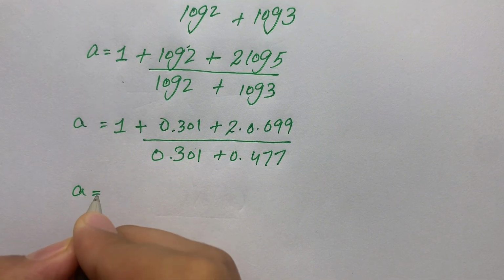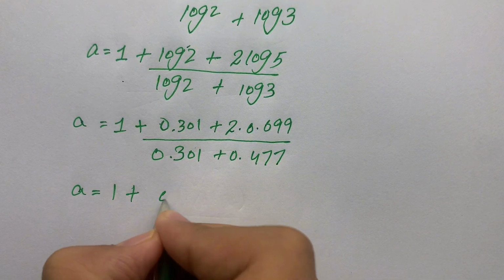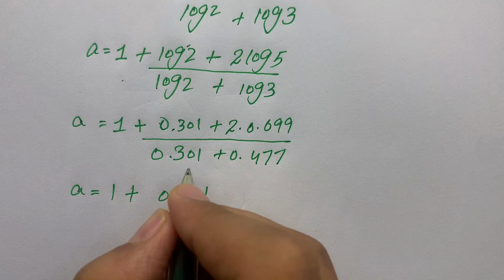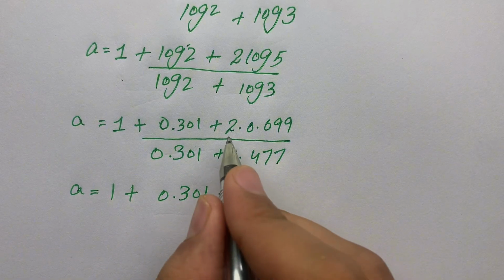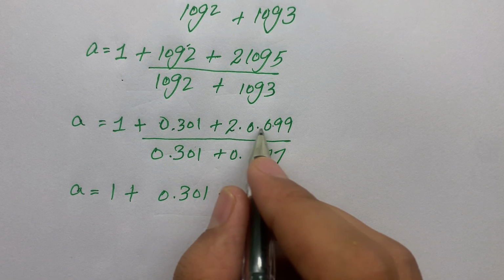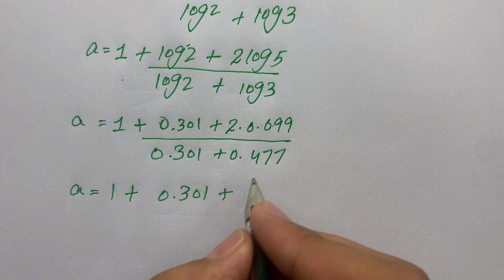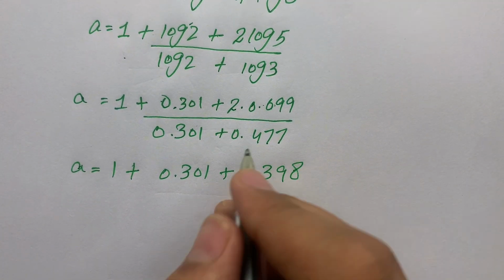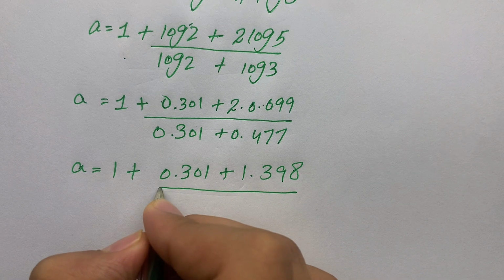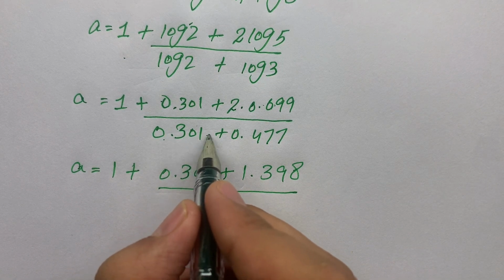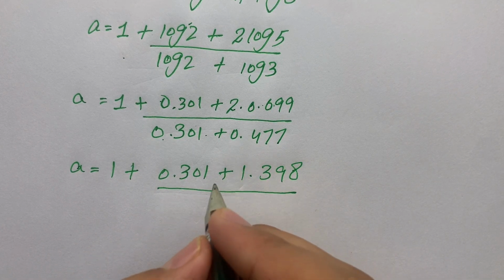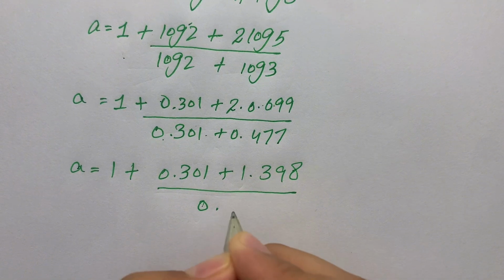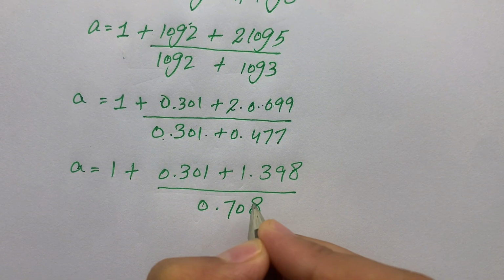This is the interesting part: 0.301 plus 0.477, after calculation, we get 0.778.